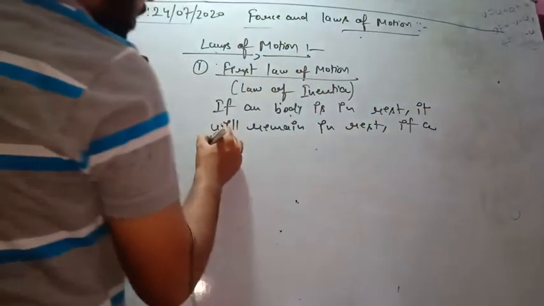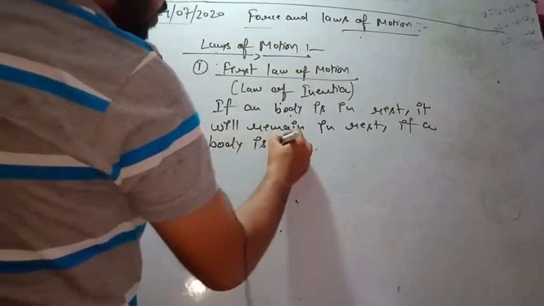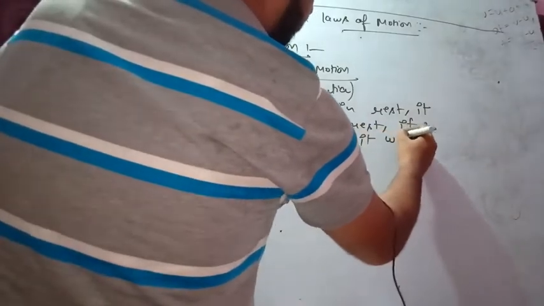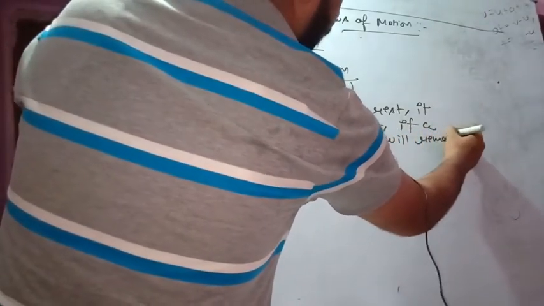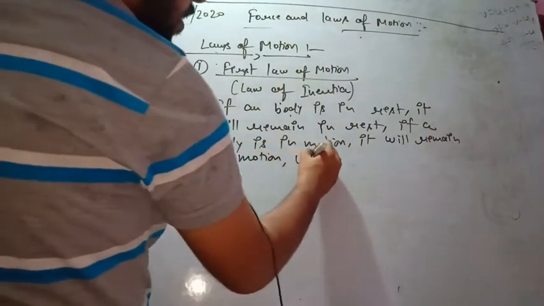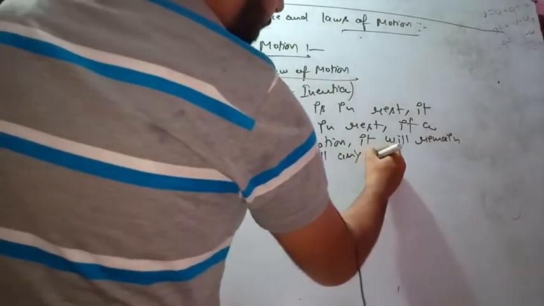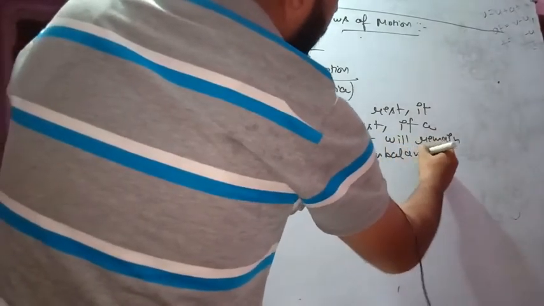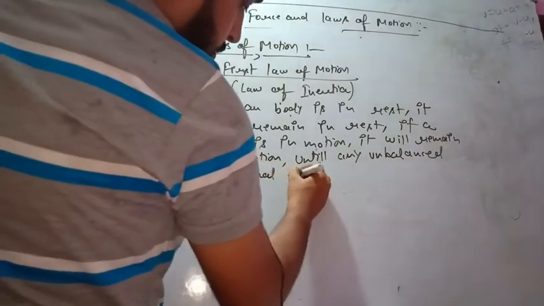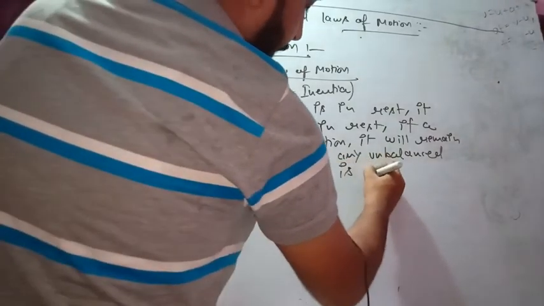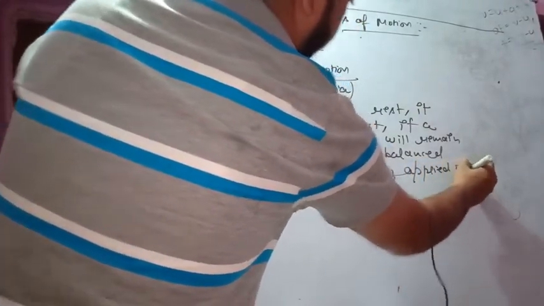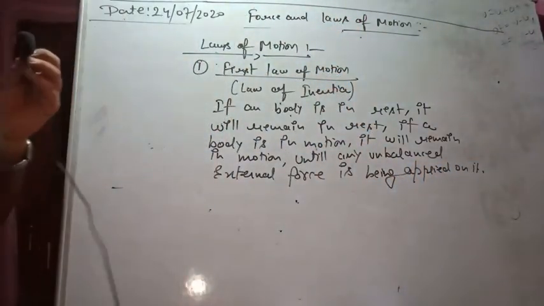If a body is in motion, it will remain in motion until any unbalanced external force is being applied on it. So students, what is the meaning of this?